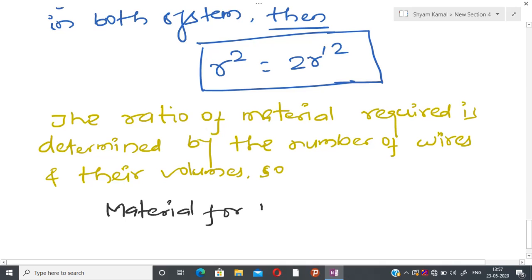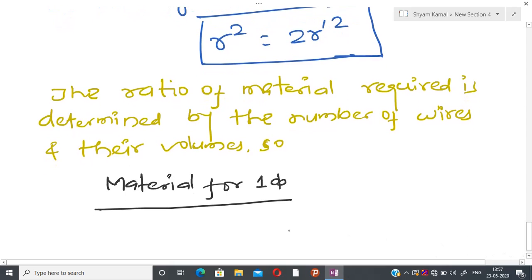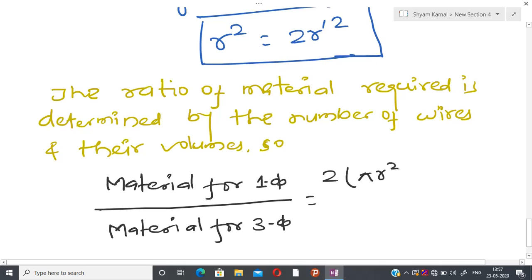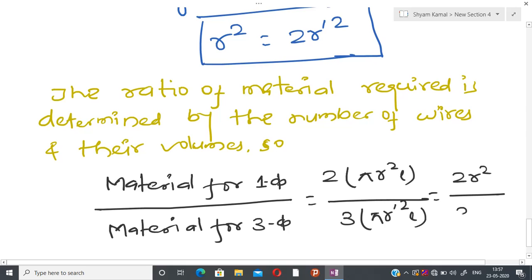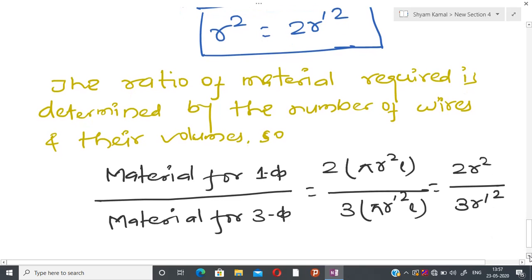I am going to compare the material requirement: material for one phase by material for 3 phase, and that is 2 into pi r square L, and here I have 3 into pi r dash square L. And if you see this ratio, then this ratio is nothing but that can be denoted like this.